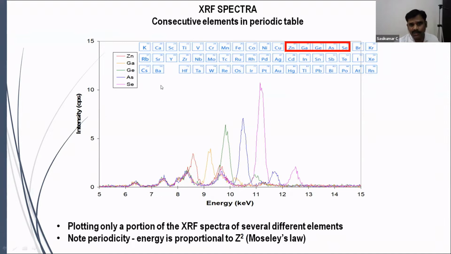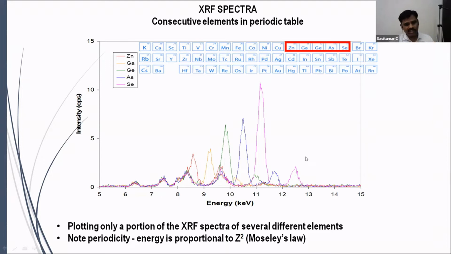In this example, we have taken consecutive elements, for example zinc, gallium, germanium, arsenic, selenium. They are continuous in the periodic table. If you analyze them, you can see the K alpha line of zinc, the K alpha line of gallium, the K alpha line of germanium, the K alpha line of arsenic, and so on.